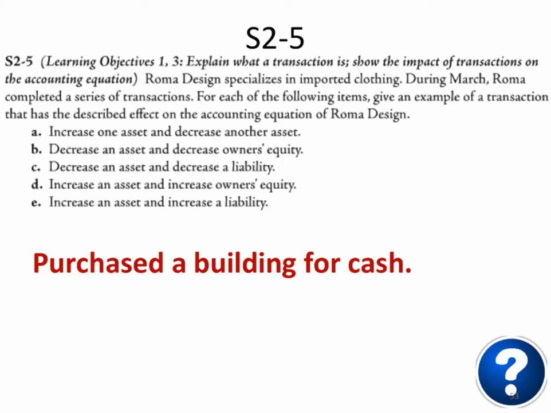Okay, our next example, purchased a building for cash. Okay, so let's start. What's one account that's impacted here? Which asset? The building. Okay, the building. So what's happening to the building asset? Increasing. Okay, so we're increasing an asset.